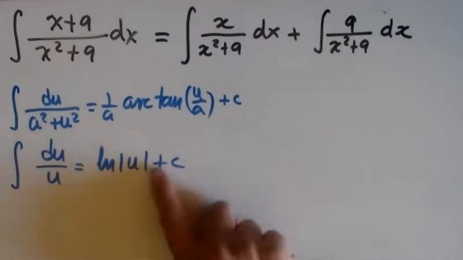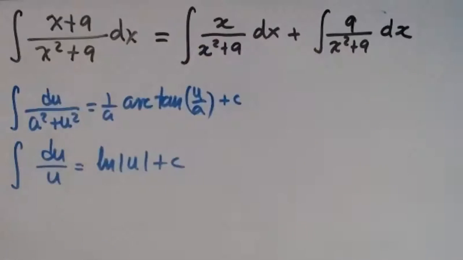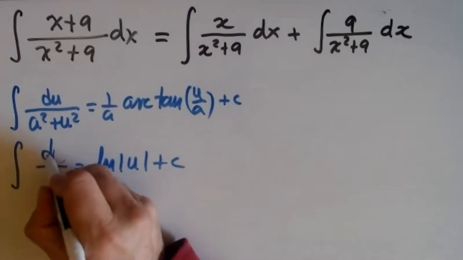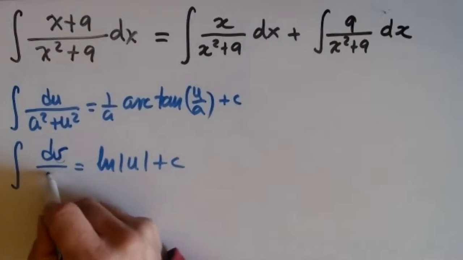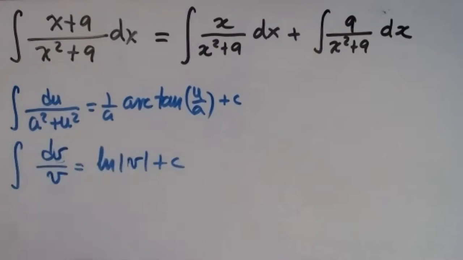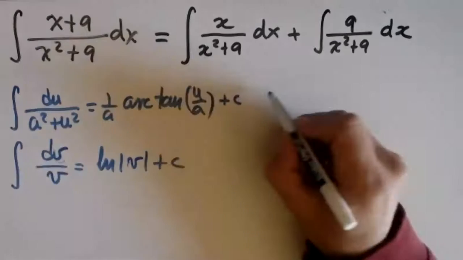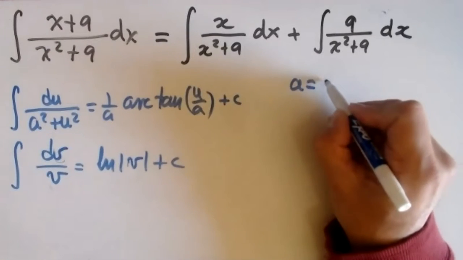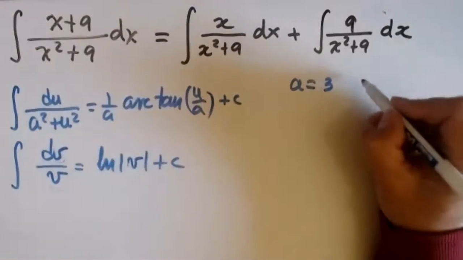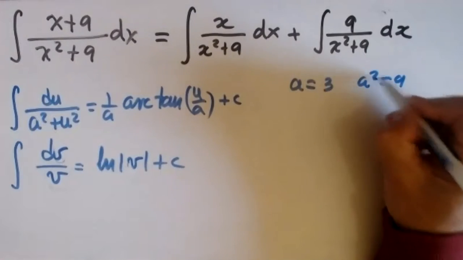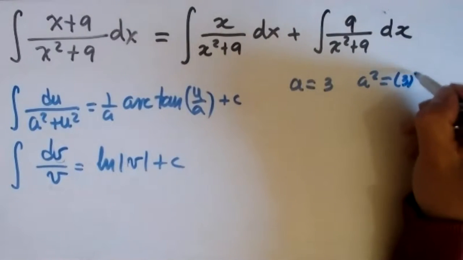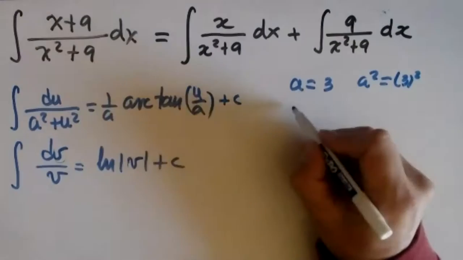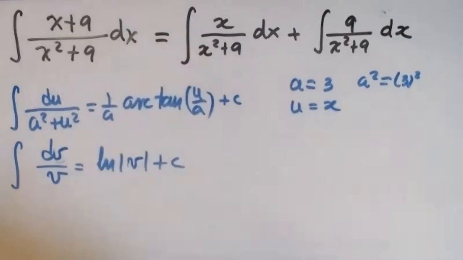So I'm going to do 2 u substitutions, correct? So the first one, let me just use a different variable. Let me just use a v. So in this case, for this first integral, the a is going to be 3 because a squared is 9, or 3 squared, and the u is going to be the x.